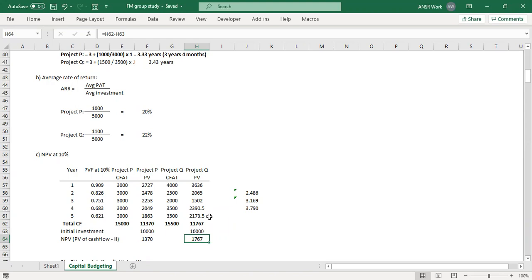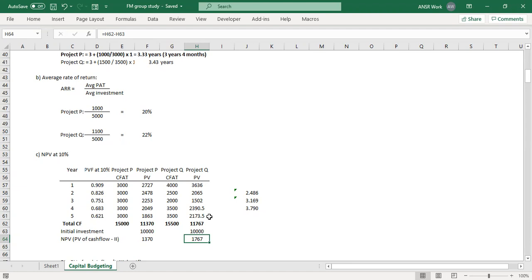Let me give you an example rather. Somebody tells you that if you invest in my project, today you will receive a return of 10 rupees. Somebody else tells you, if you invest in my business, today it will give you a return of 20 rupees. Which one is better? 20, right?